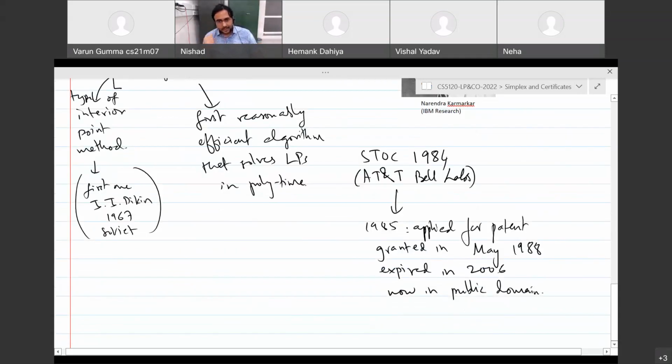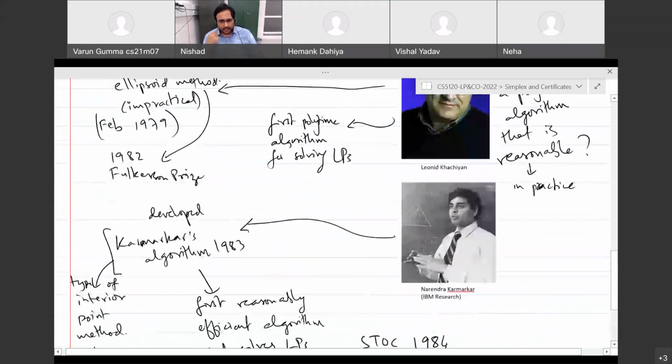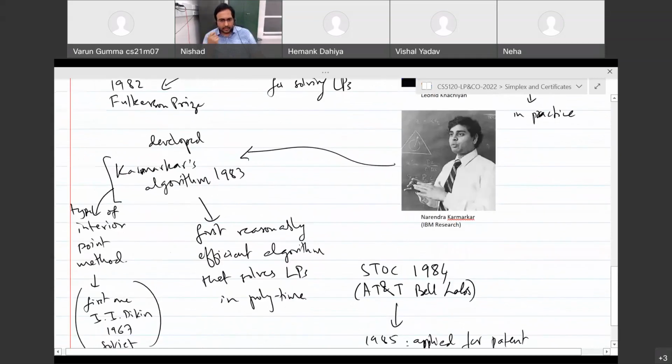So that's basically the first time we got a polynomial time algorithm that was also efficient in practice, or at least somewhat reasonable in practice. Since then, there have been other developments, but I haven't made a list of all of those. There seem to be at least one or two other interior point methods that are also reasonably efficient. But yeah, you can read about it.